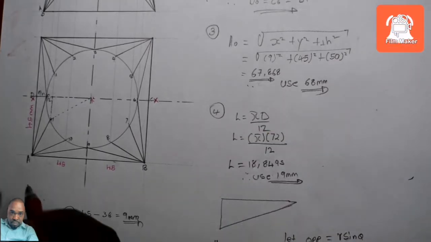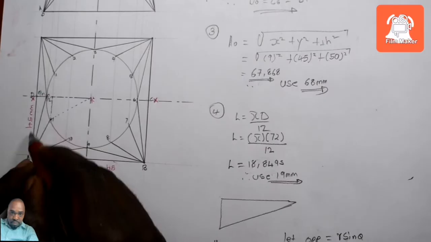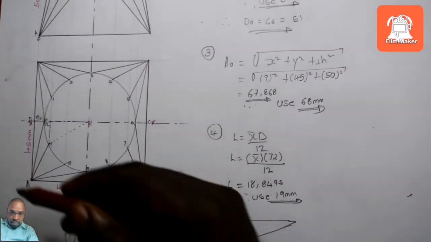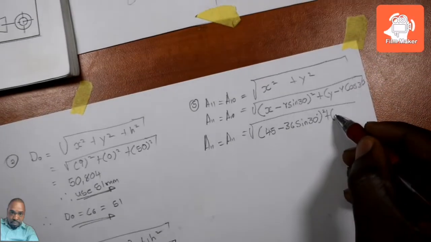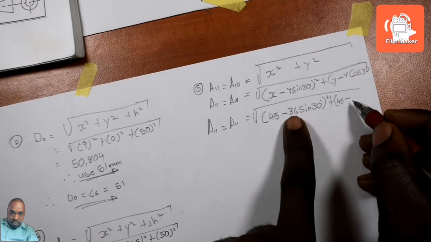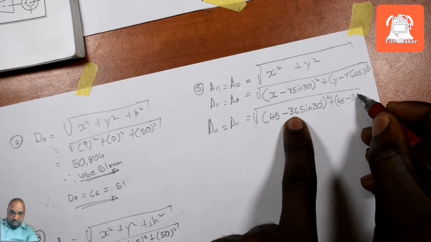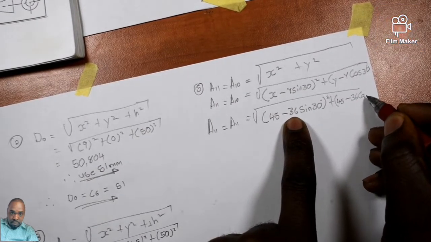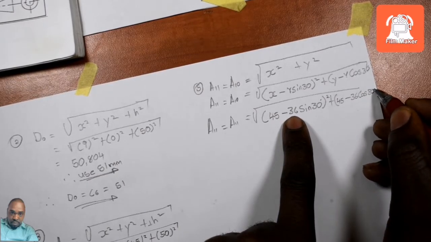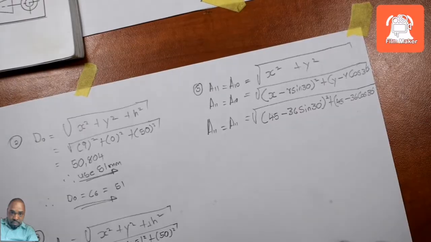You understand? So my y is 45, I mean, not 45 degrees, 45 millimeter. So I'm going to say 45 minus my r, still the same r, isn't it? 36 cos 30 degrees, all in bracket.